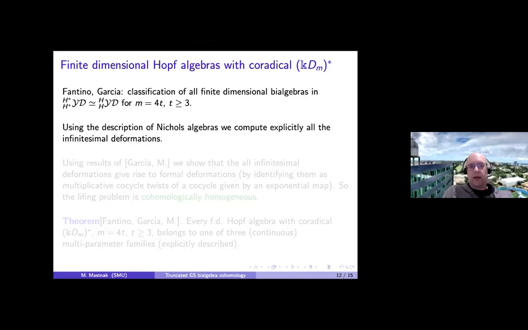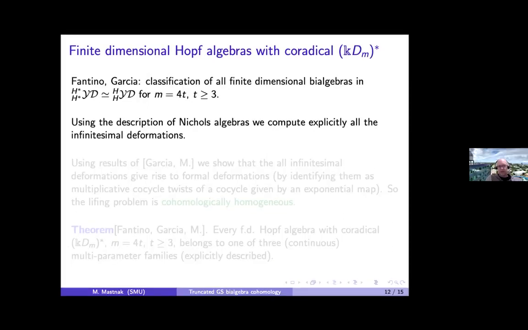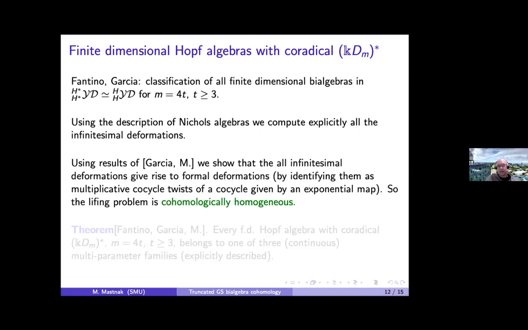Then we can already use the explicit description of all finite dimensional Nichols algebras that was previously given by Fernando and Gastón, and by what I just discussed on the previous slide, we can compute explicitly all the infinitesimal deformations, and we can also see that all of those lift.